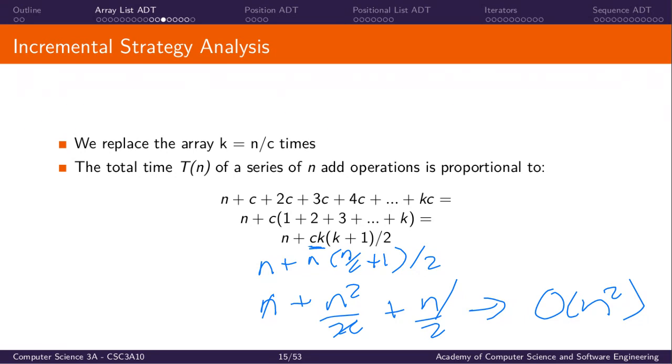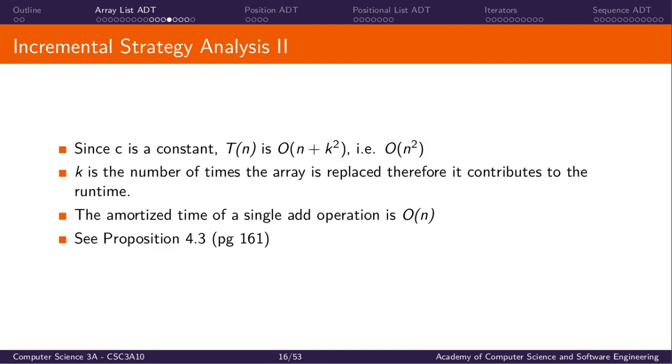And if we count up all the copies that we have to do each time, we end up with a function that has a quadratic growth time. So it's a quadratic function. All right, so great. This is then order n squared.